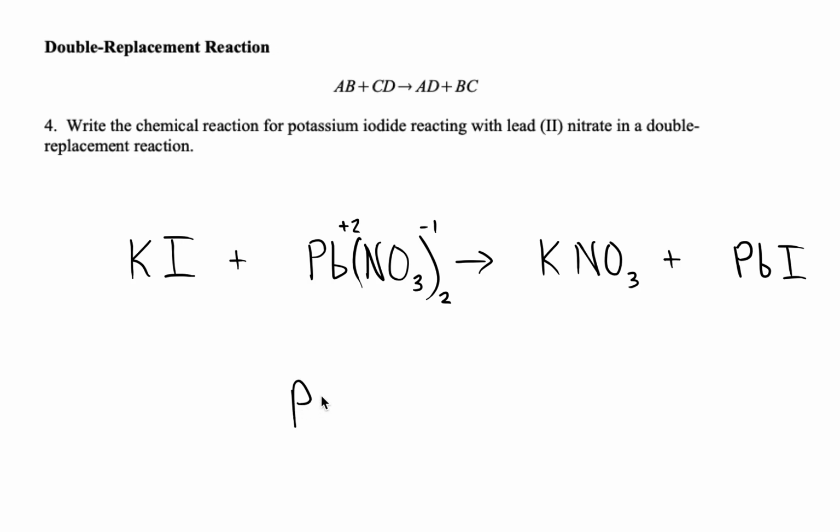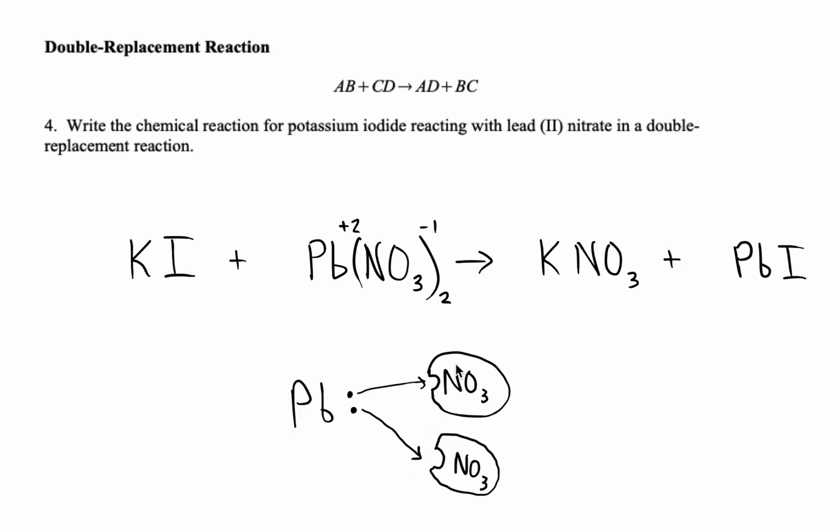So what do I mean by that? I mean lead has 2 electrons to give. Each nitrate can accept only 1 electron, so it's going to require 2 nitrates to work together with a single lead. And that's why its formula will be lead nitrate with a 2 on the nitrate.